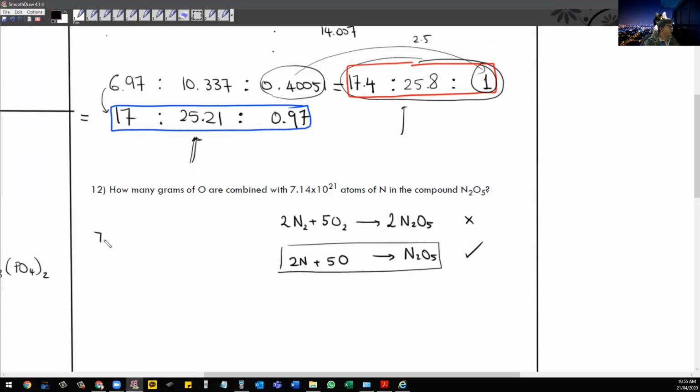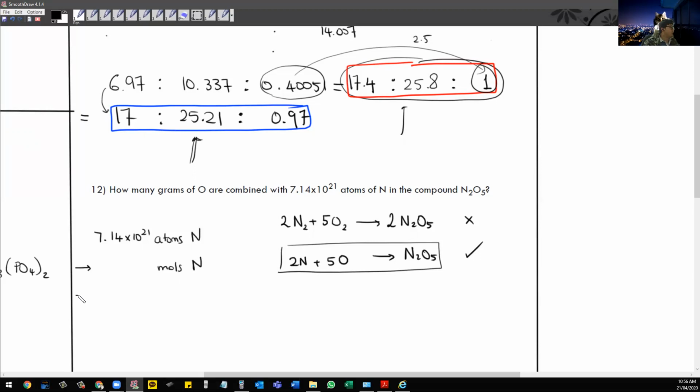Now you have 7.14 times 10 to the power 21 atoms of nitrogen. You need to get the number of moles. There are several ways of doing it, but you can divide by Avogadro's number. So divide by Avogadro's number, and then you get the number of moles of nitrogen.